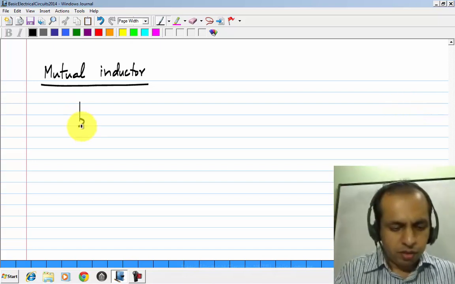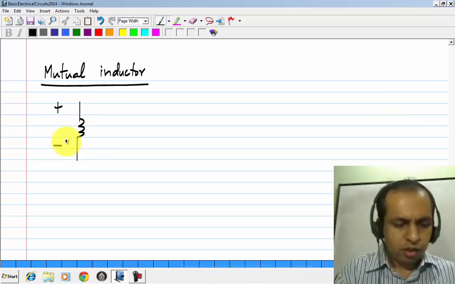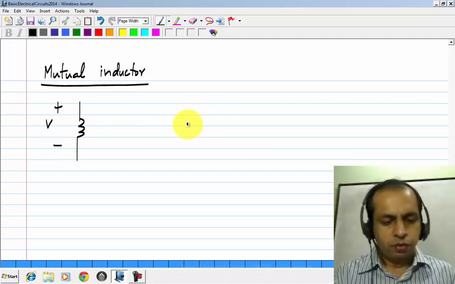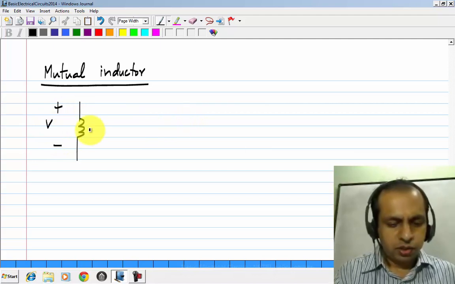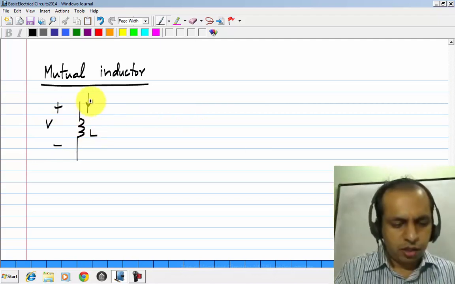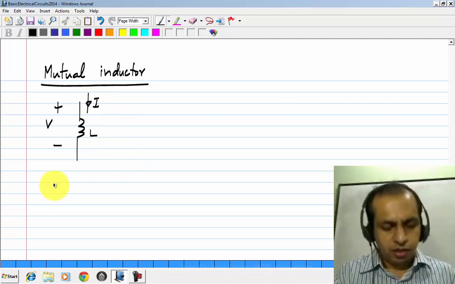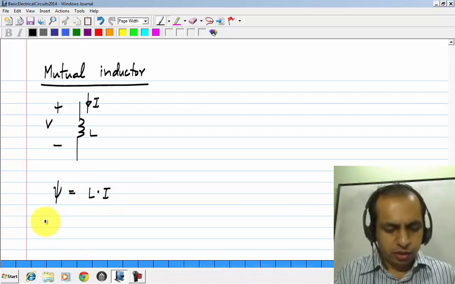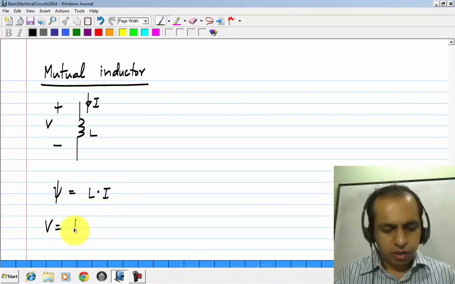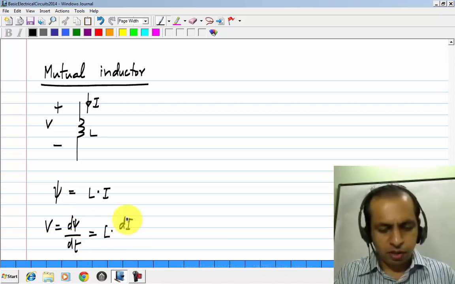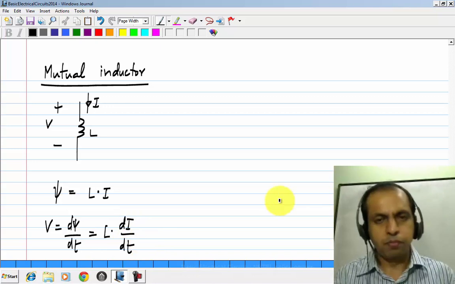We know that if you have a voltage V across an inductor L and a current I through the inductor L, the flux linkage is given by L times I, and the voltage is given by the time derivative of the flux linkage, which is L times the time derivative of the current.